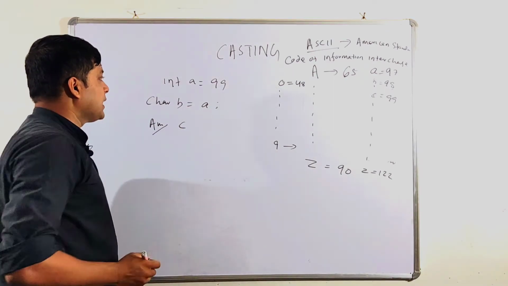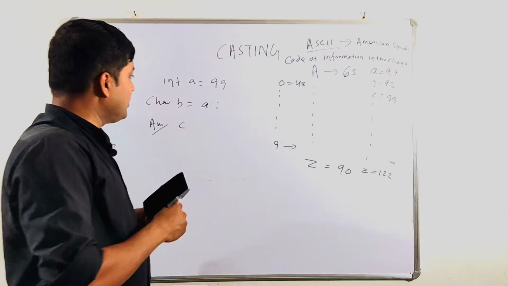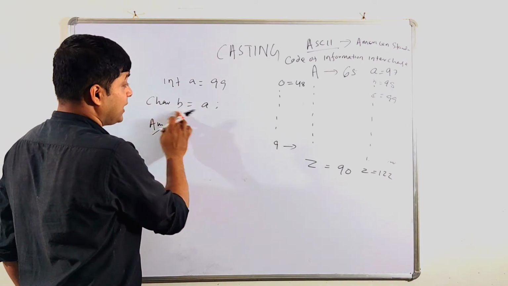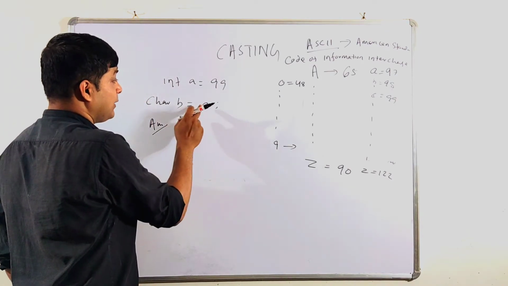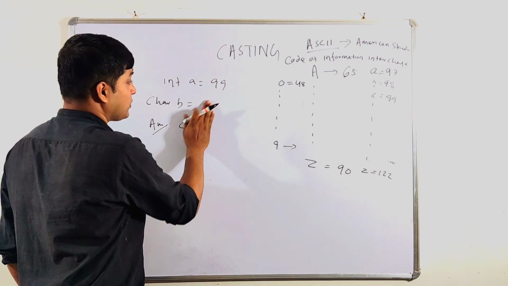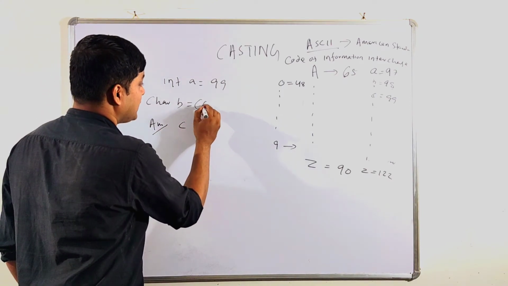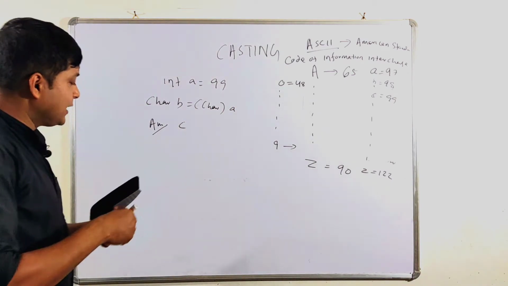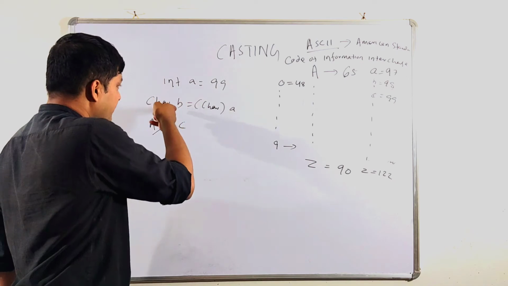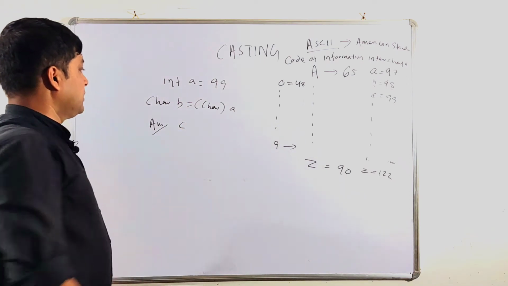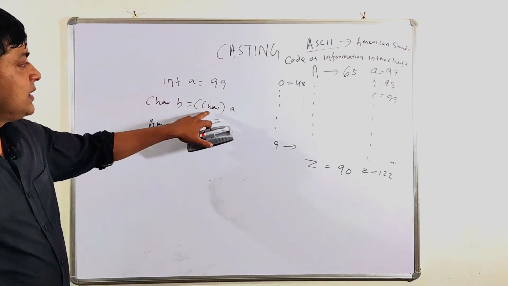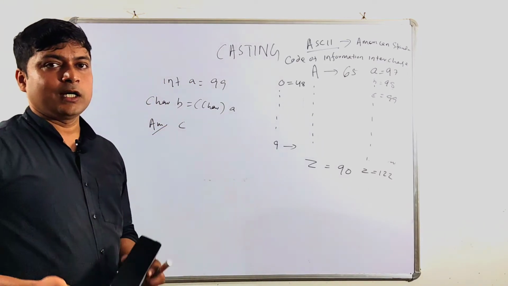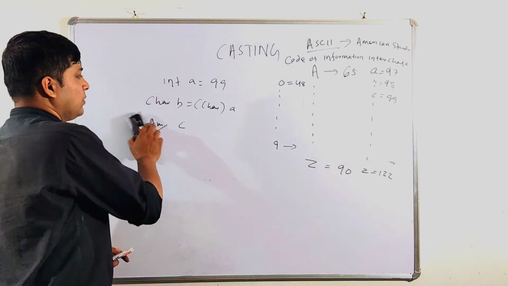You can't easily convert that value into character format, so you have to use a cast operator, that is (char) a. When you write char, it converts 99 into character format. This is called explicit casting, higher data type to lower data type. Like this way, you can convert lower data type to higher data type and higher data type to lower data type.